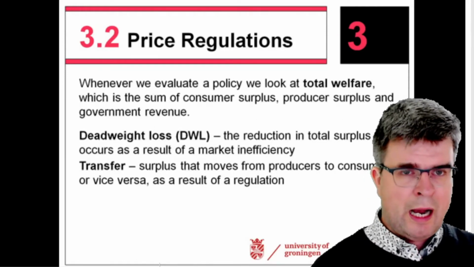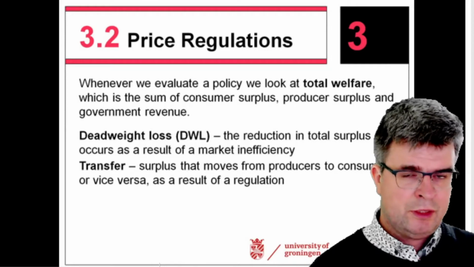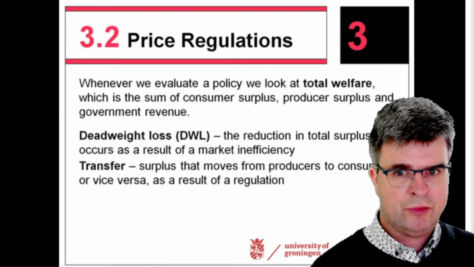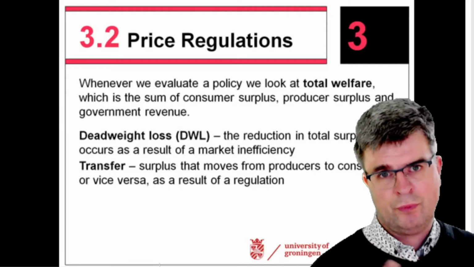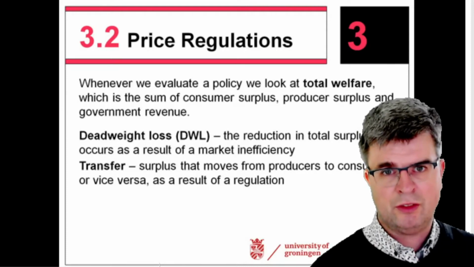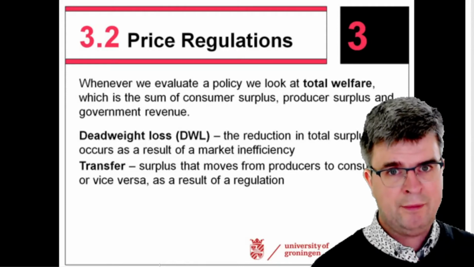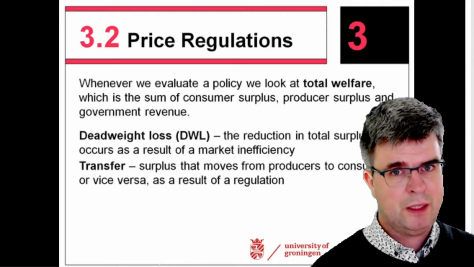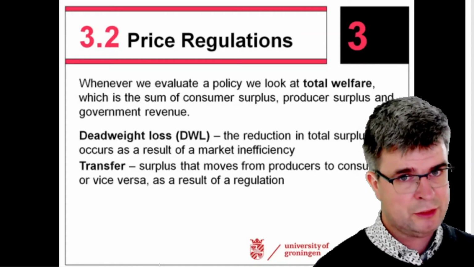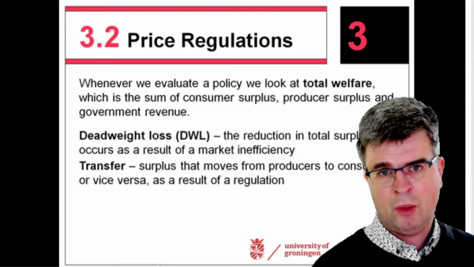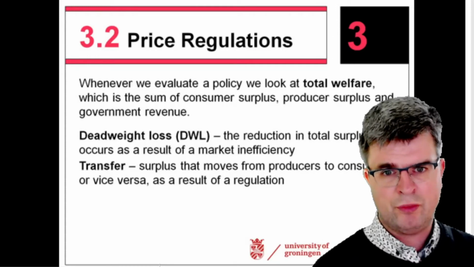So how to evaluate this type of policies? The way we do it is we look at total welfare, which is the sum of the benefits of market interaction to the consumers plus the benefits to producers and the revenue to the government, because the government in the end is us. So if the government gets taxes, then it will also spend those taxes and people in society will benefit.